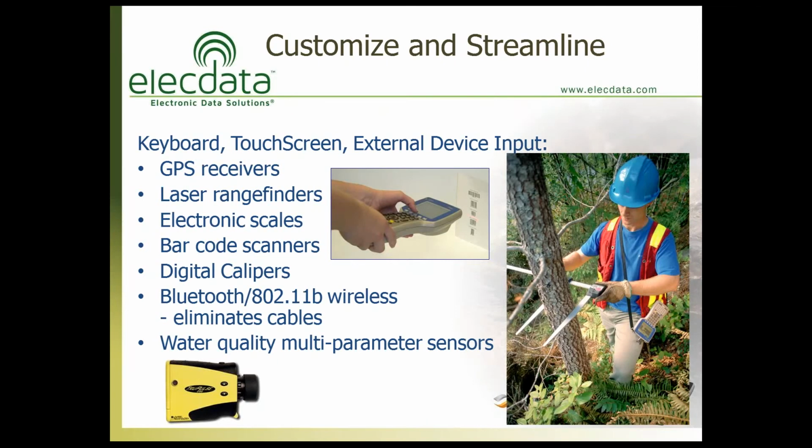This external device input can be from either GPS receivers within the handheld or external GPS receivers, laser rangefinders, electronic scales, barcode scanners, digital calipers, any device that has Bluetooth, any sensor that's reading and transmitting a Bluetooth signal, as well as multi-parameter water quality sensors as well. So in a lot of cases, this can really automate your field data collection by connecting directly to these external devices.